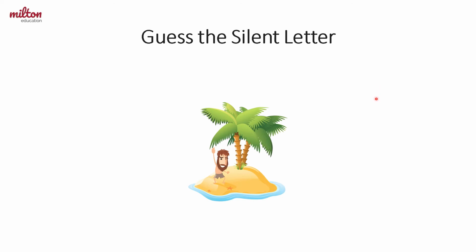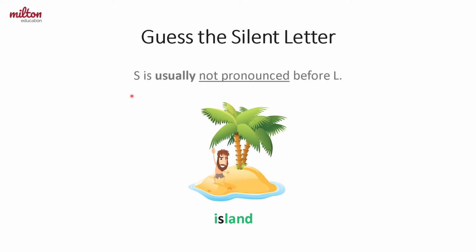But it has a silent letter. Do you want to see what it is? It's an S! Right there at the beginning. And guess what? The S is usually not pronounced when it happens right before the L. That's why island is a word with a silent S.